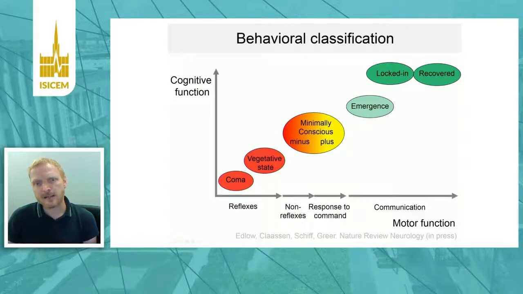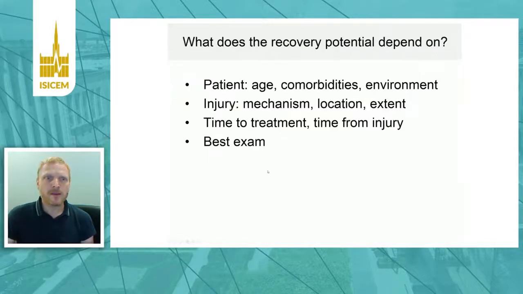But then there are states in between: vegetative state patients, where they open their eyes but don't interact with the examiner, and minimally conscious patients, where they may show some interaction with the environment, and in MCS plus may even show some inconsistent command following. But these are emergent states in between recovery and coma.